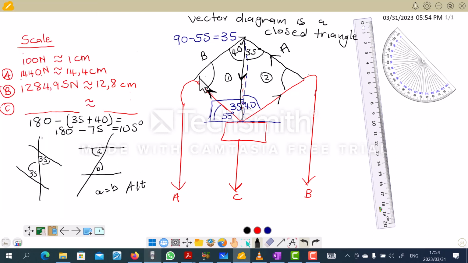So this angle is 105 degrees. It's the same here, also 105 degrees. So now we have two triangles. You can choose any of these two triangles before you draw the vector triangle. For me, I will choose the one on the right. I'll choose triangle 2.